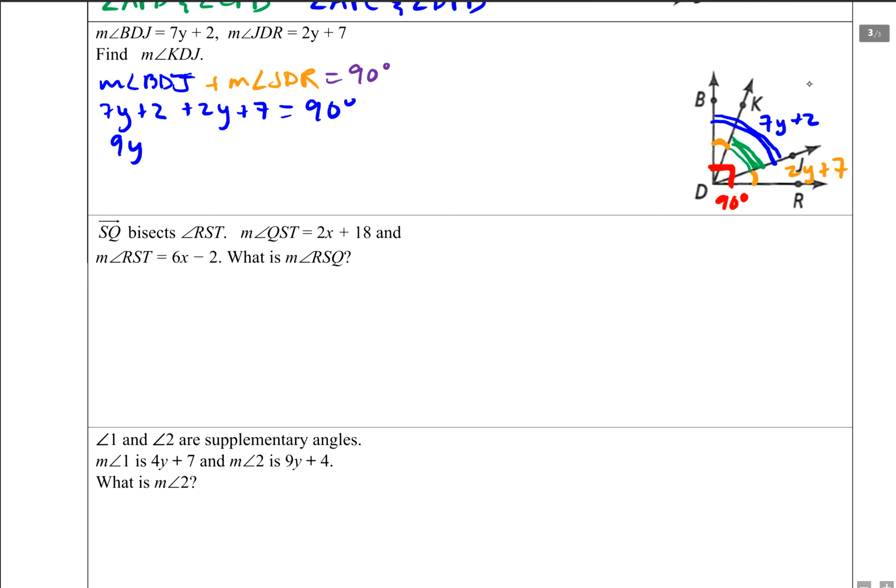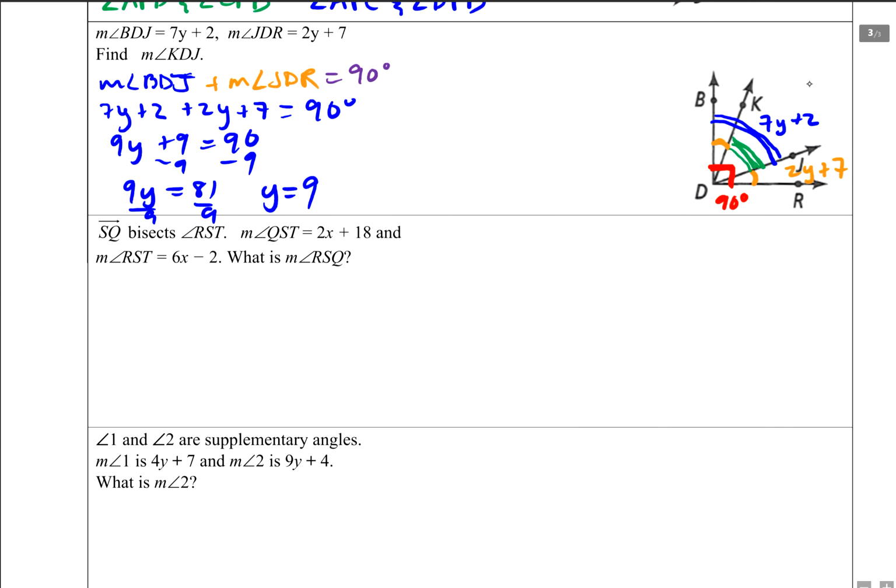So now I'm going to substitute: 7y plus 2 plus 2y plus 7 equals 90. Okay, 9y plus 9 equals 90, minus 9 both sides, 9y equals 81, divided by 9, y equals 9. Now, there's a lot of different things I can do. I could find my blue angle and subtract my orange angle, or I could find my orange angle and subtract 2 orange angles from 90, which is how I think I'm going to do it.